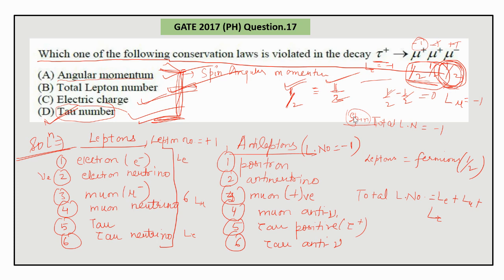I'll go back to that: tau number means the lepton number of the tau particle. This is the tau number here.